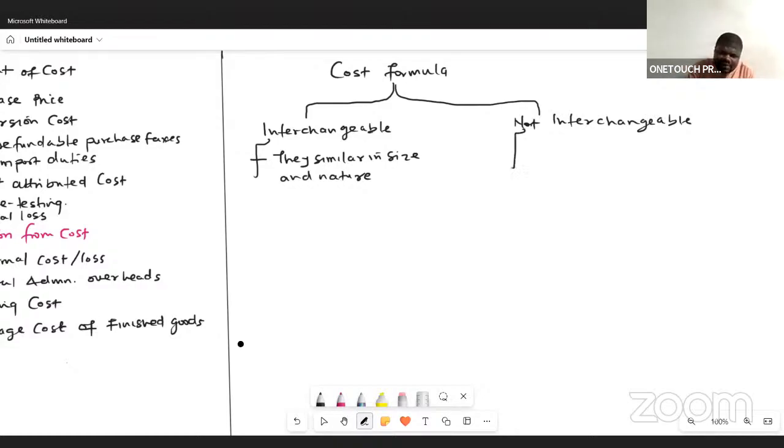Then not interchangeable means that they are so dissimilar that anyone can clearly identify them.